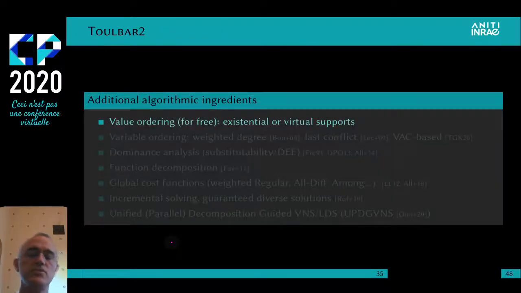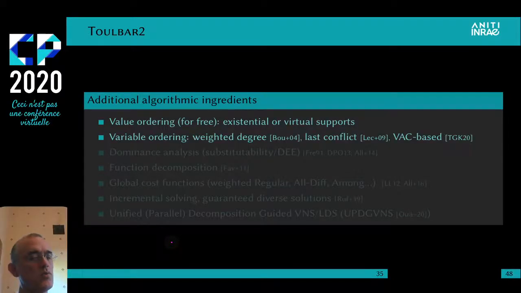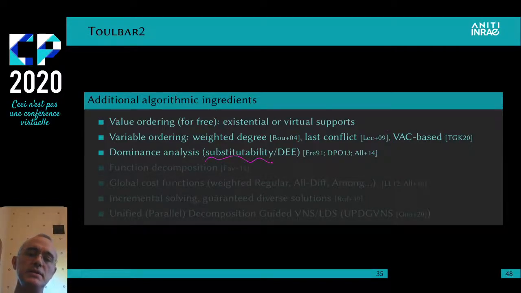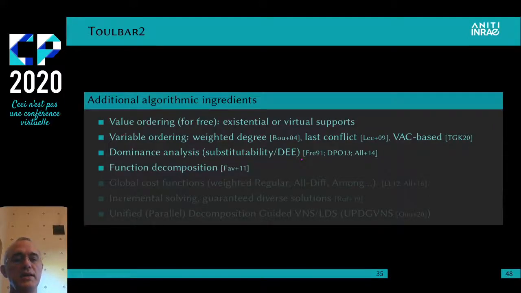I haven't time to describe all the bells and whistles inside Toulbar2. You saw that we have nice value ordering heuristics. We have a traditional variable ordering heuristic, but also a recent VAC-based heuristic by Fulya Trösser, PhD student in the team. You can do dominance analysis, called substitutability in constraint networks and dead-end elimination in Markov random fields. You can decompose functions at the root node to reduce scopes.